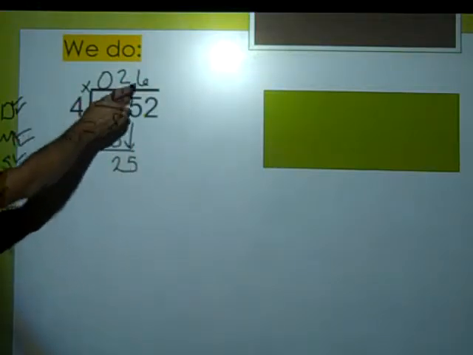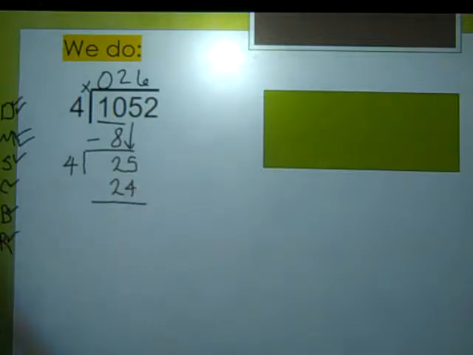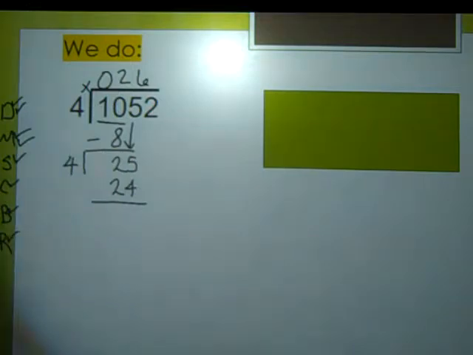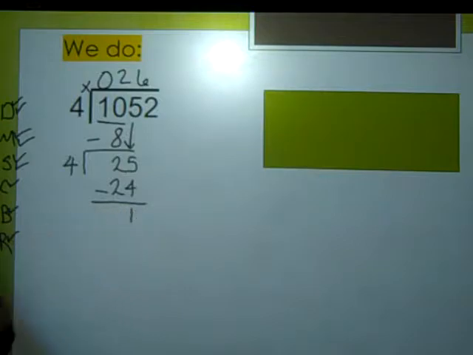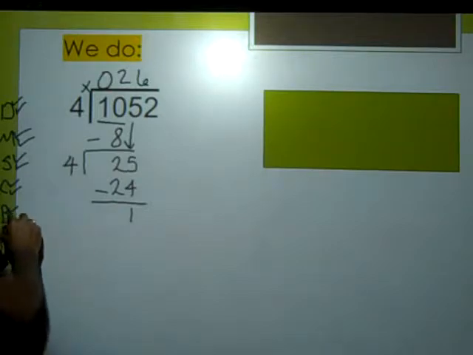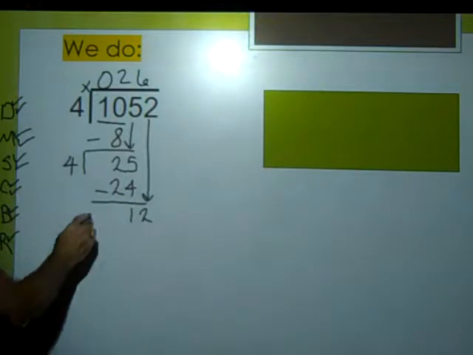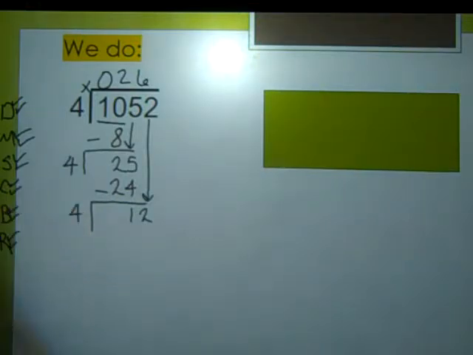That's really close, so I'll say 6 groups. I multiply, 4 times 6 gives me 24. I made 6 more groups of 4 to give me 24. Next step is to subtract. 25 minus 24 gives me 1. Next step is to check, is 1 less than 4? The answer is absolutely yes. So the next step is bring down the 2. Now, rewrite my divisor, repeat the process.